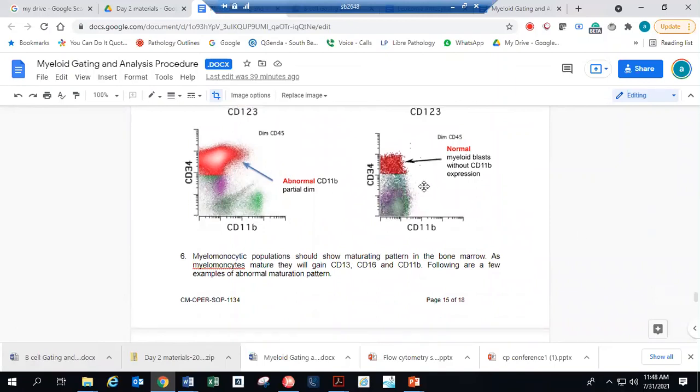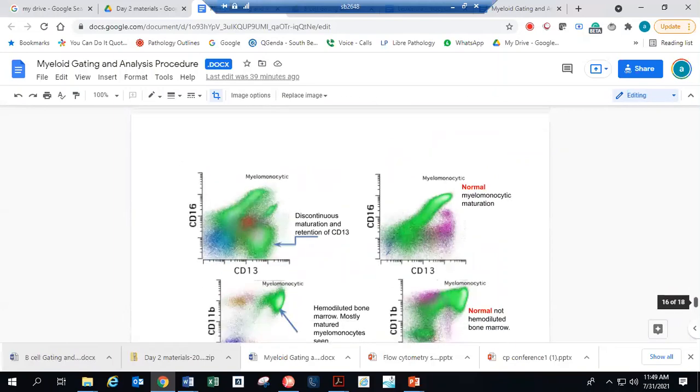The normal myeloid blasts will not have CD11b. CD11b, as we were talking, will be seen in myelomonocytic markers, and I emphasize that it is brighter in monocytes. But when you start expressing CD11b, those are the things that make them abnormal.